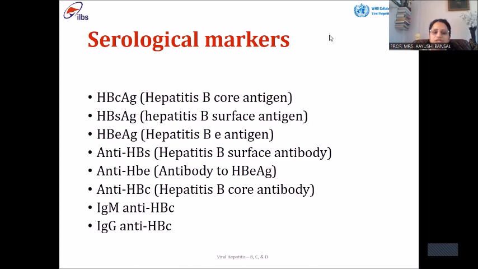These are the serological markers. If HBsAg and HBeAg are present or reactive, we can say virus is present in serum. HBcAg may not come to light because it is the core antigen and it is inside the surface antigen.